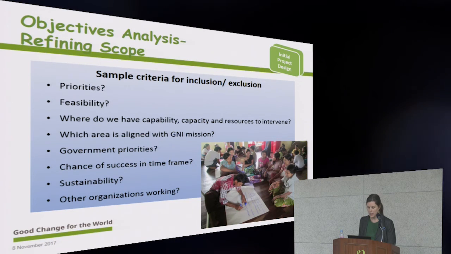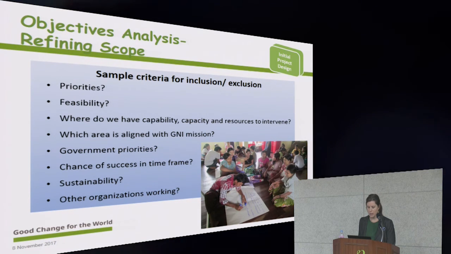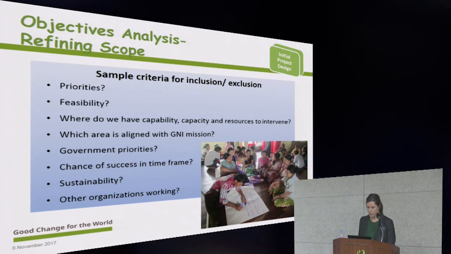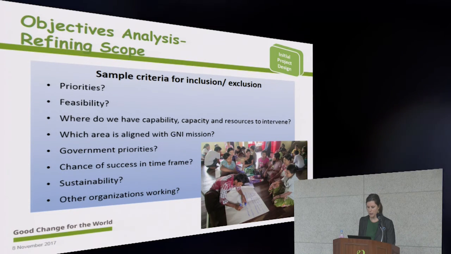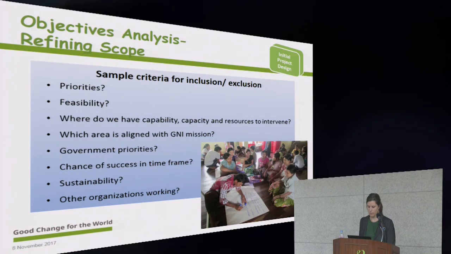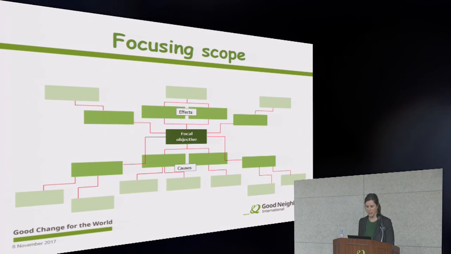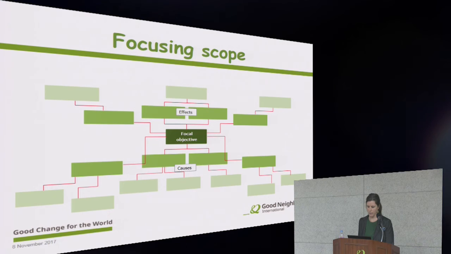So after refining the objectives, removing the ones that you're not going to focus on, you'll be left with a precursor to the preliminary results chain for your project intervention. So you'll go through each piece of the tree and cross-check with your criteria.